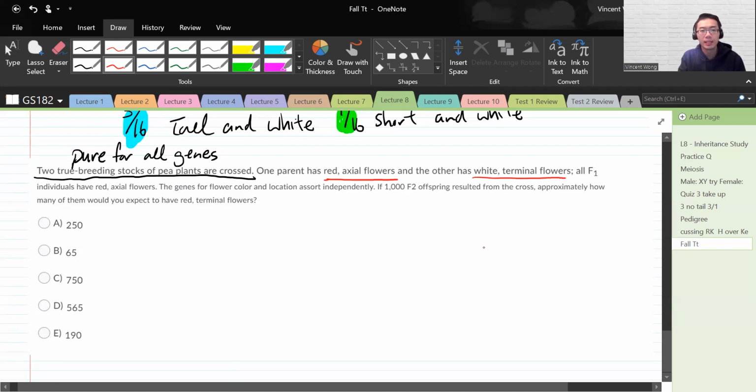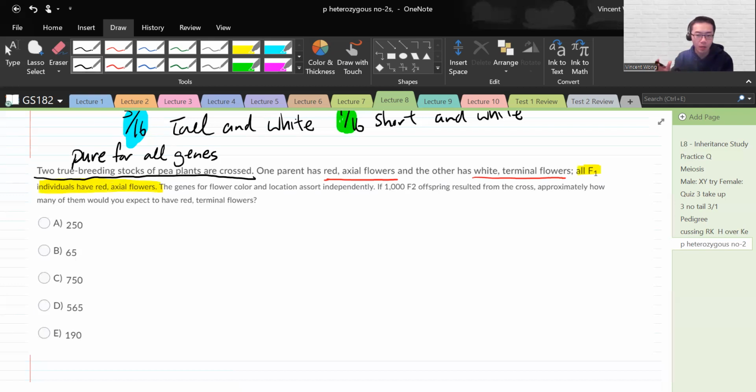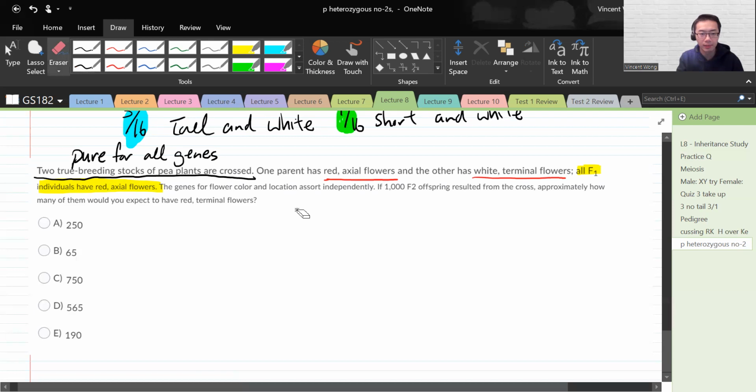The next part says all F1 individuals have red and axial flowers. So what does it tell you? If you take two true breeding parents and put them together, whatever shows up in the F1 generation is going to be your dominant trait.